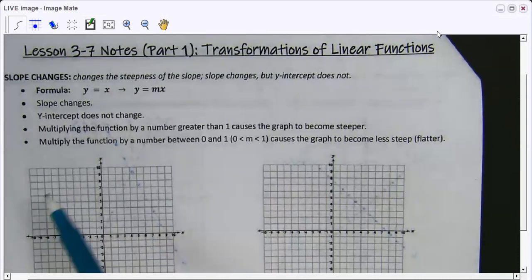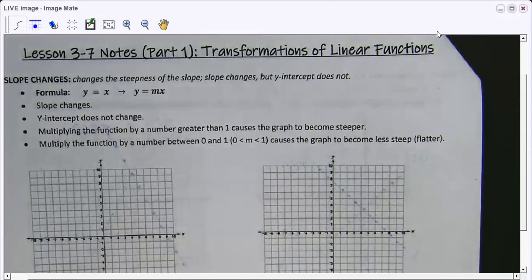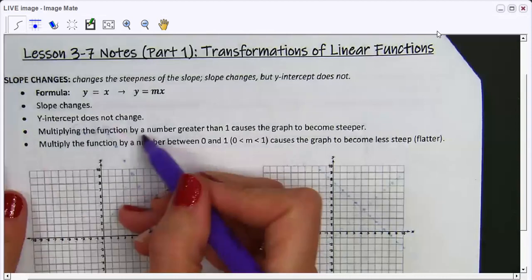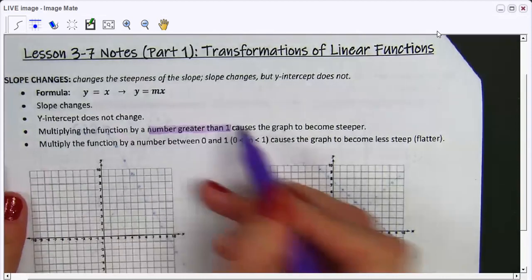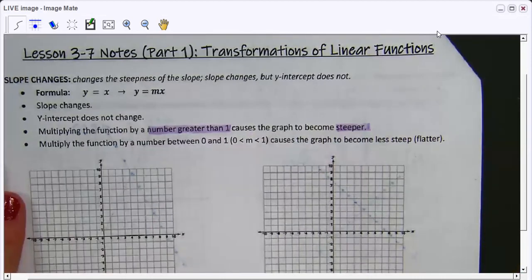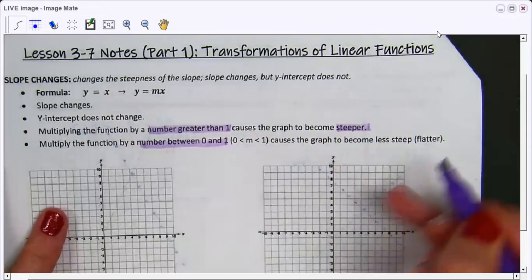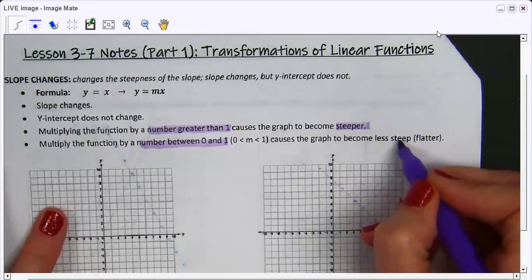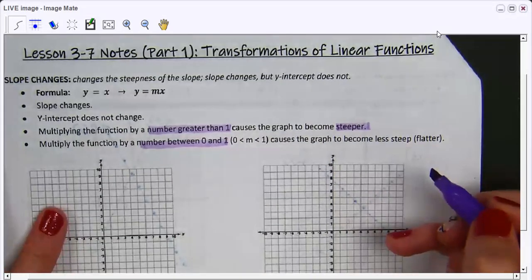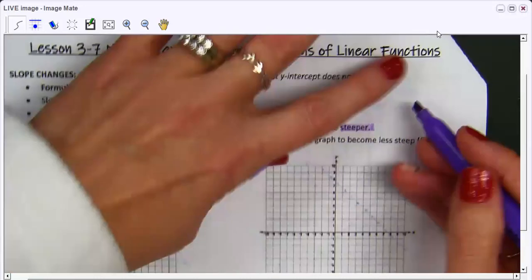All right. So multiplying the function by a number greater than 1 causes the graph to become steeper. But when you multiply a function by a number between 0 and 1, it causes the graph to become less steep or flatter.